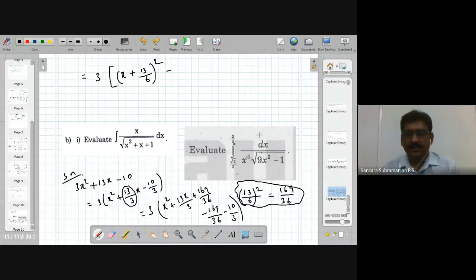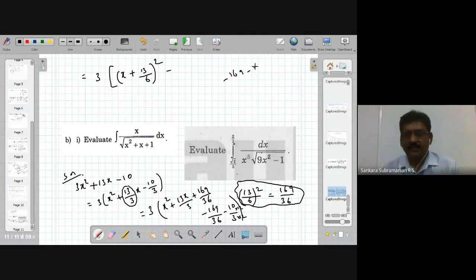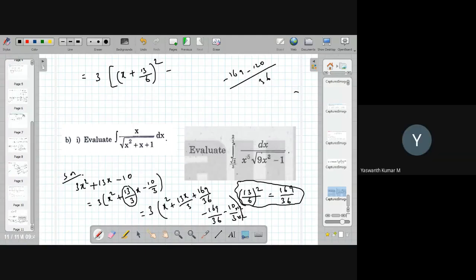So minus 169 by 36, this must be multiplied by 12, here also 12. So minus 169 minus 120 by 36, so this is minus 289 by 36.